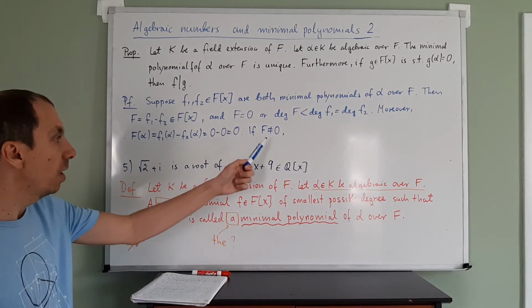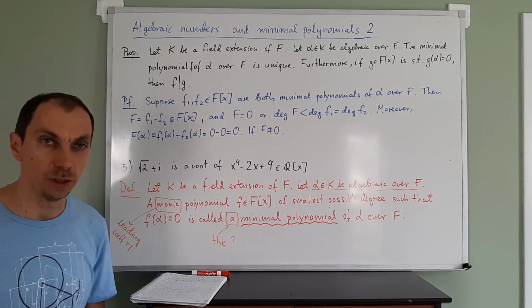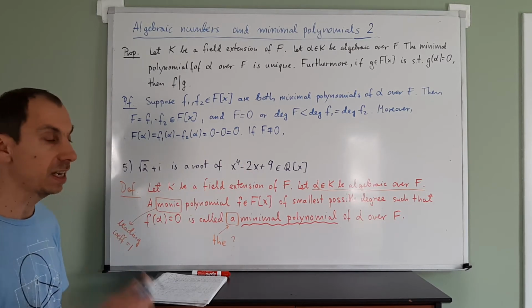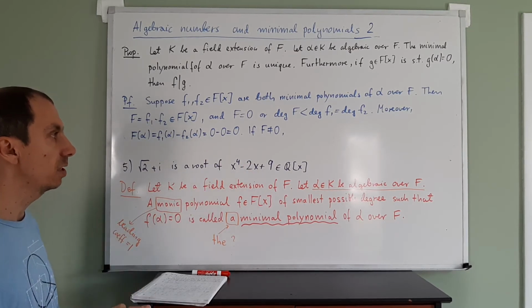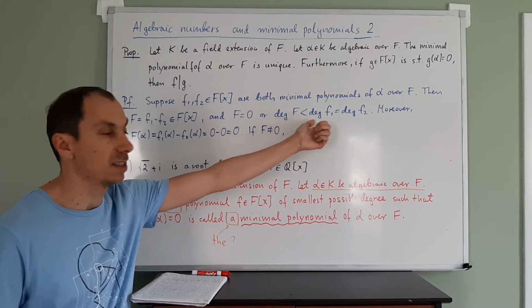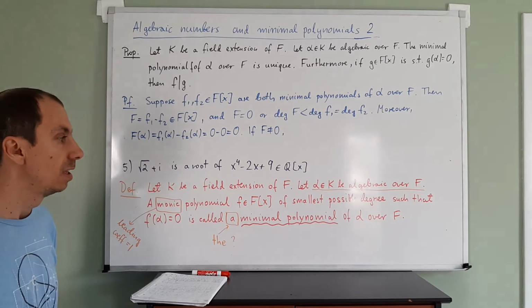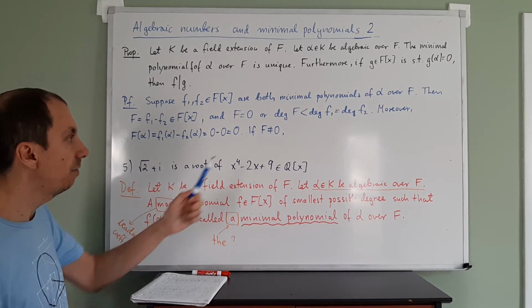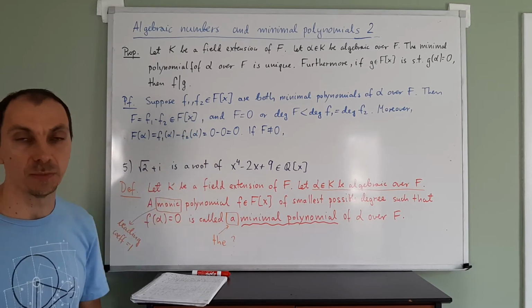So if f weren't 0, I can produce a polynomial by just dividing f by the leading coefficient, which has alpha as a root, still has coefficients in F, and its degree is the same as the degree of f, so it's less than the degree of f1 and f2. Well, the existence of such a polynomial would contradict the fact that f1 and f2 are of smallest possible degree.